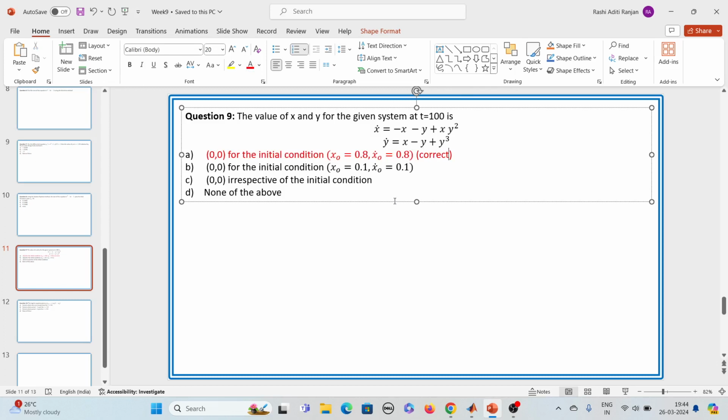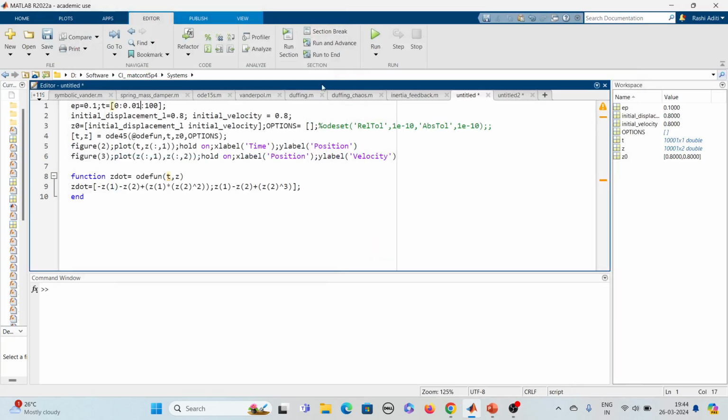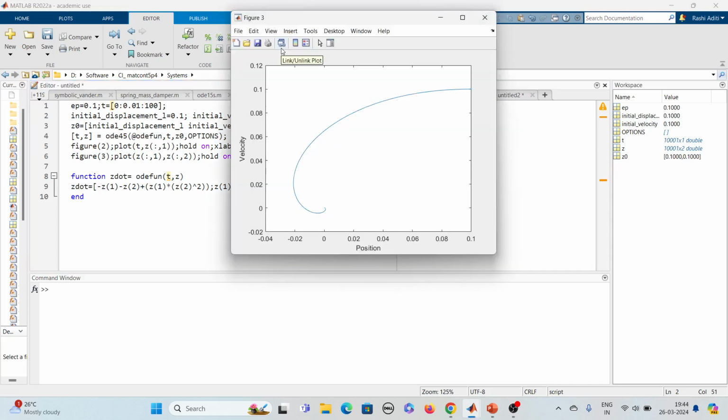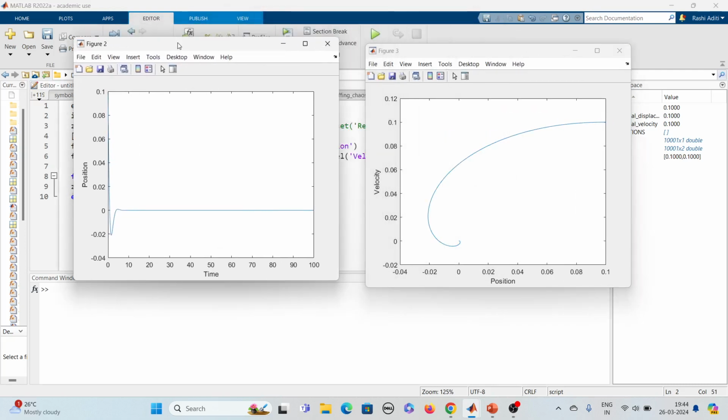Now coming on to B. For the initial condition x naught 0.1 and x naught dot 0.1. Okay, I'll just check. Okay, so for this initial condition also my system has stabilized at 0, 0. So when it is asking what is the value of x and y at t equals 100, I just have to see this value.